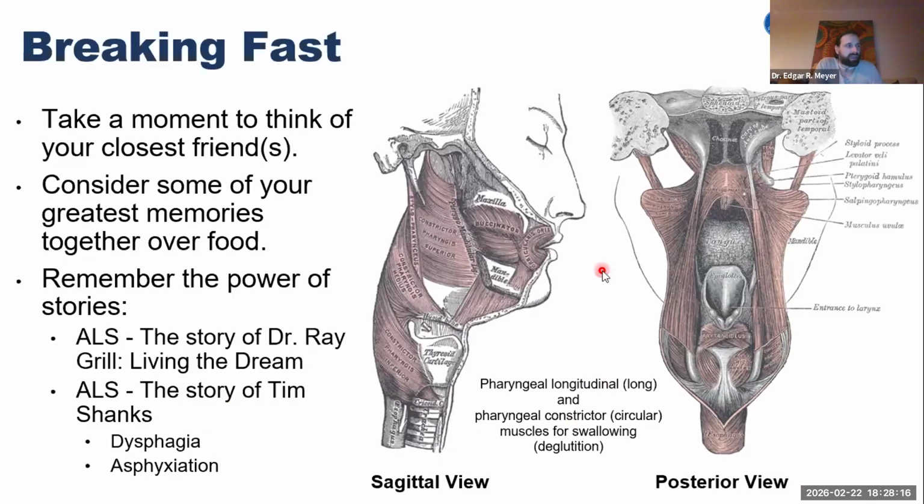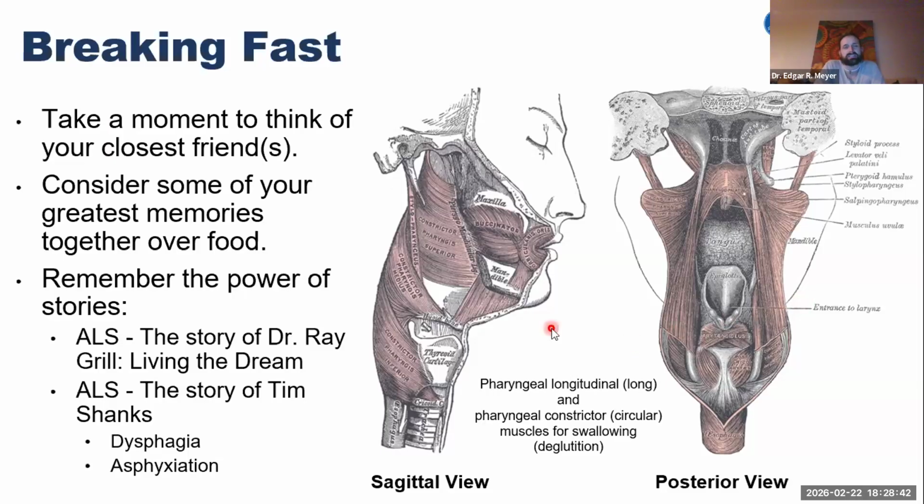But back to the pharynx, I pulled up two images here. One is in a sagittal view, seen here from the side. And then we have one here from a posterior view that has our skin and a number of our deep back muscles removed, so that you can see some of these pharyngeal muscles.